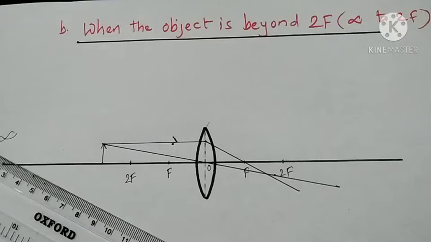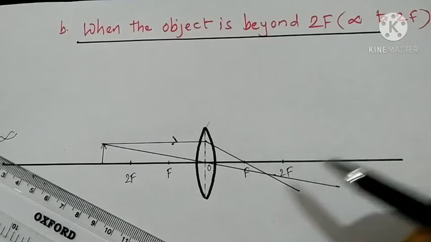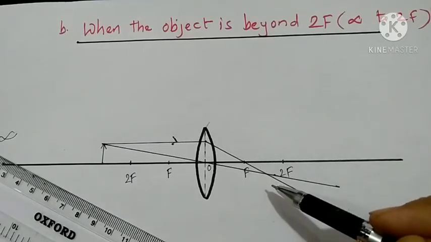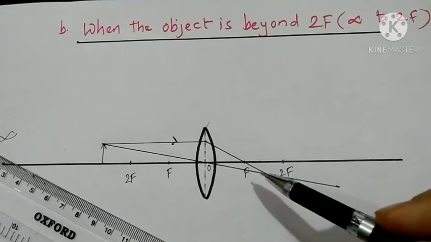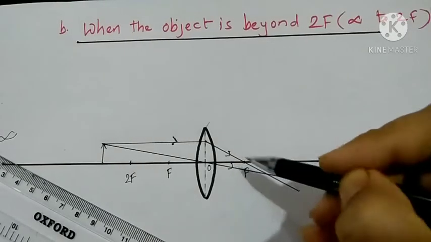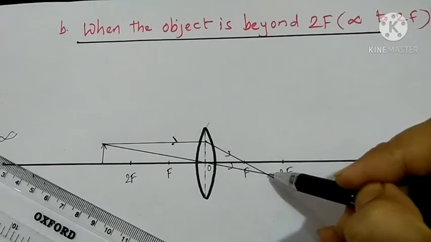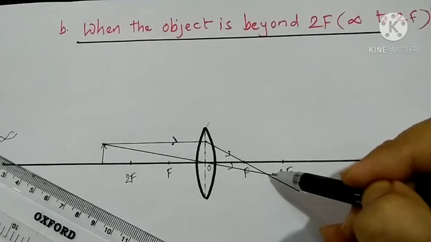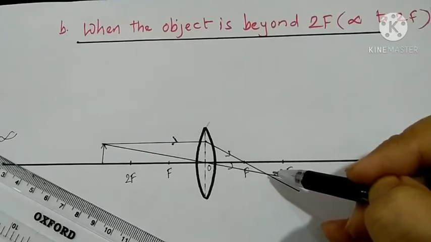So image is formed at the intersection of these two refracted light rays. This is the point of intersection, and here the image of the object is formed.